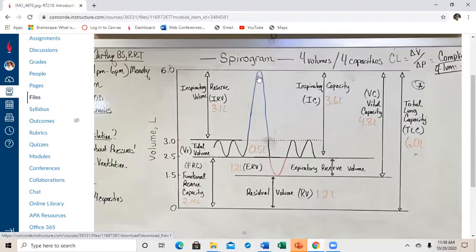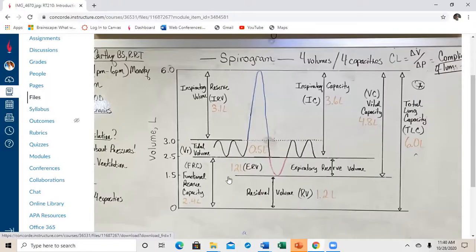This is IRV, okay? 3.1 liters. Then if I do tidal volume plus IRV, I have inspiratory capacity, IC, 3.6 liters. Then everything that I can do would be ERV plus tidal volume plus IRV. And that's my vital capacity from here all the way up to here, which is 4.8 liters.